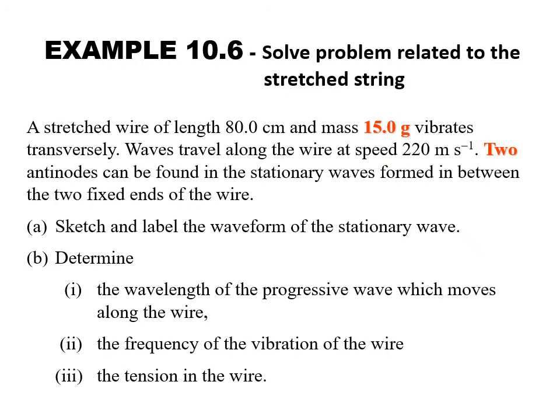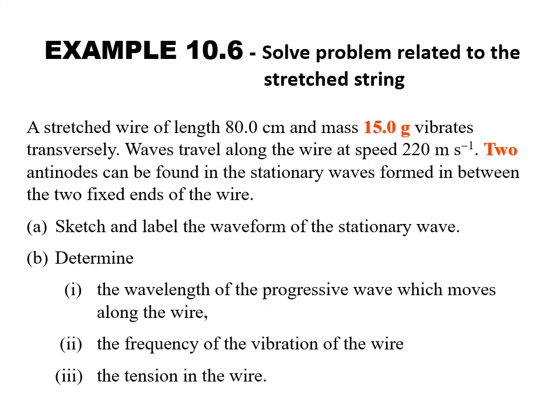Example 10.6, you need to solve problems related to the stretched string. A stretched wire of length 80 centimeters and mass 15 gram vibrates transversely, with a wave traveling along the wire at a speed of 220 meters per second. Two antinodes can be found in the stationary wave formed between the two fixed ends of the wire.